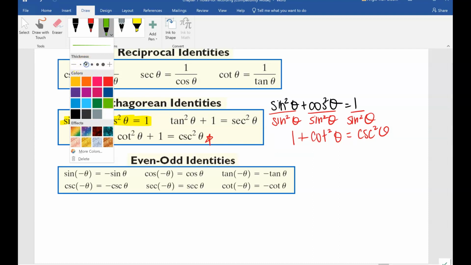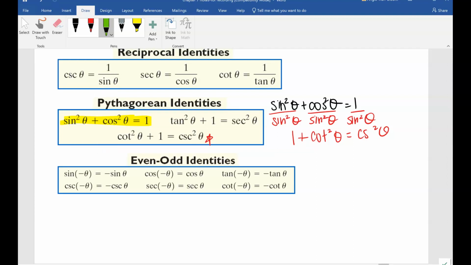Now, what if I don't feel like dividing everything by sine square? Can I technically divide everything by cosine square? Sure. You're probably going to guess that it's going to give you the other identity that's sitting in that box. So divide everything by cosine square. There you go.